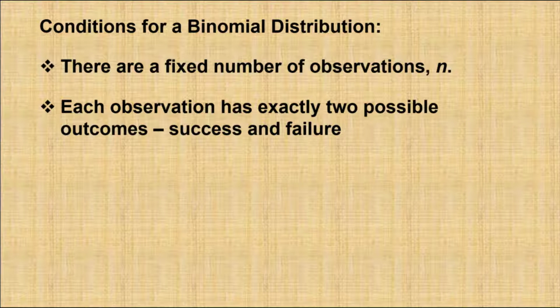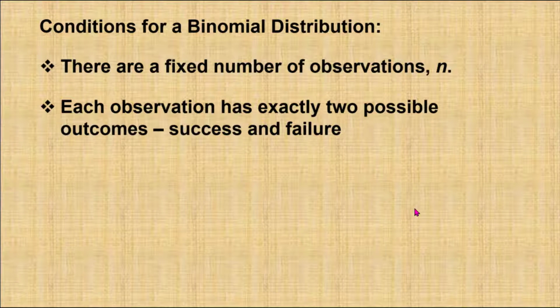Or when tossing a die repeatedly, even though we might get number 1 or 2 or 3 up to number 6, if we are only interested in obtaining a 6, then obtaining a 6 is considered as success, and not obtaining a 6 is considered as failure.